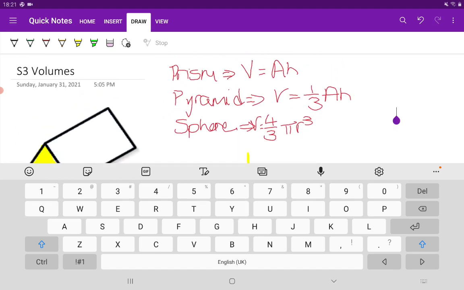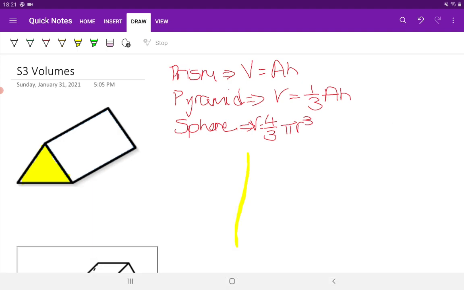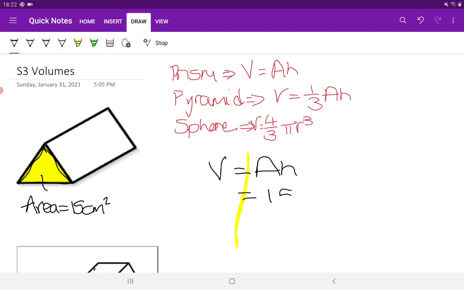So when we're asked to work out the volume of a prism, we've already talked about the fact the formula is the volume equals the area times the height. The area is the area of that cross section. So in this first case, it'll be the area of the triangle. So if I tell you that the area of that triangle is 15 square centimetres, then that's going to go in there.